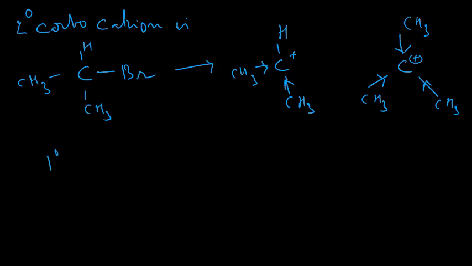On the other hand, primary carbocation means CH2 plus CH3. The carbon bearing the positive charge is connected to only one alkyl group. Here the compensation of positive charge present on the carbocation is still less.